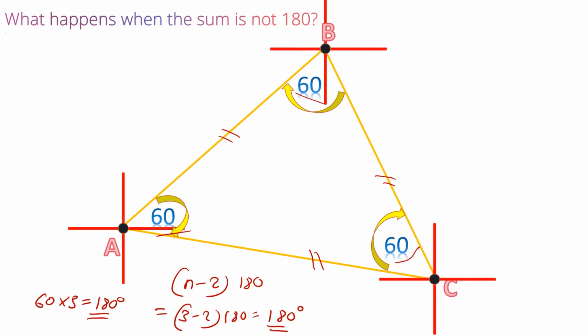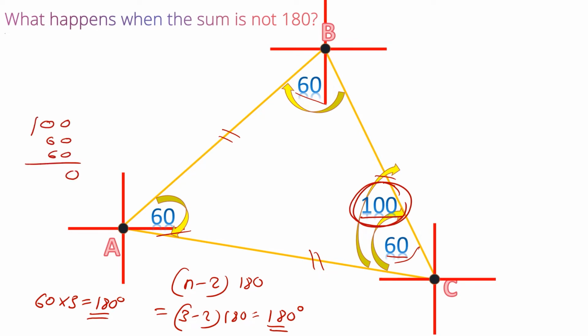So imagine what happens if you measure one of the angles as 100 degree instead of 60, right? Let's say you made some mistake and you measure this angle as 100 degrees. So 100 plus 60 plus 60 is 220, which is not equal to 180 degree, and you can't get a triangle whose sum of interior angles is 220 degree.